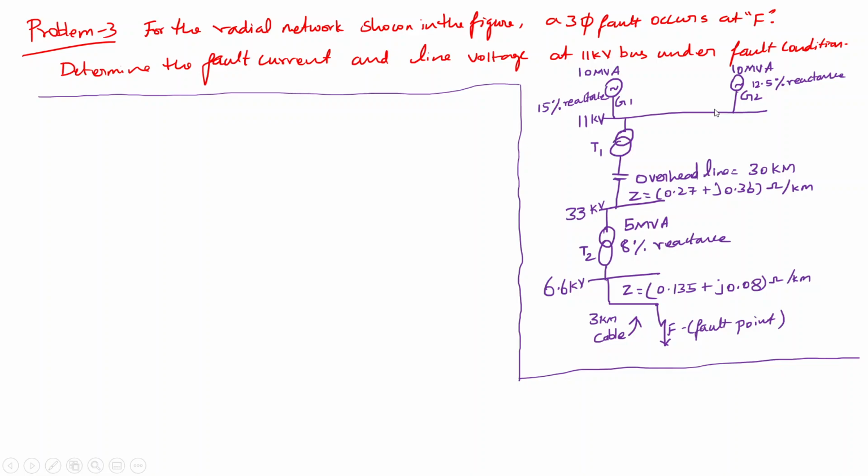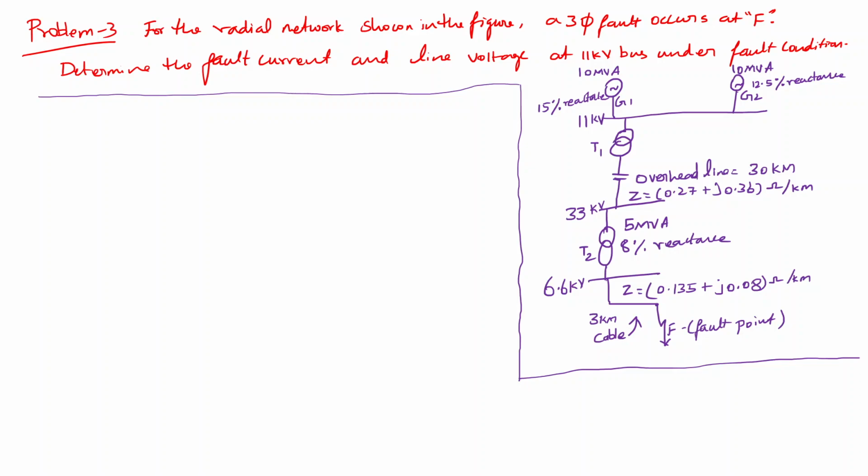It is connected to a transformer T1, and this transformer is obviously 11 kV to 33 kV, because we know the bus voltage levels are given. So obviously it is a step-up transformer, 11 kV to 33 kV, and the transmission line after transformer 1 is a 30 kilometer overhead line, and the impedance is given for the transmission line.